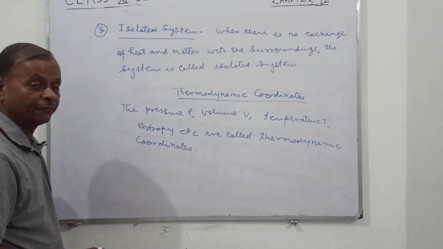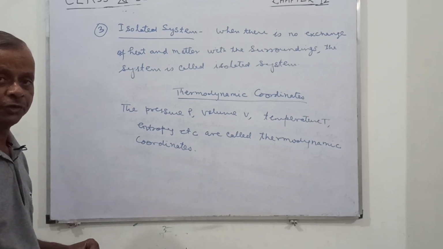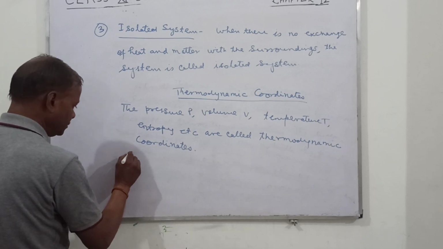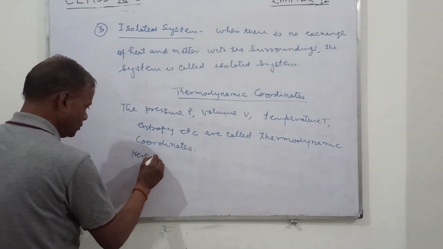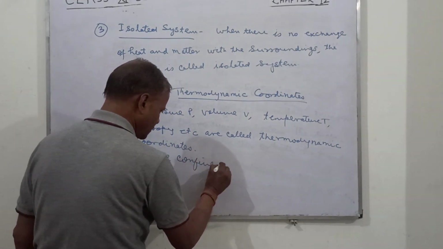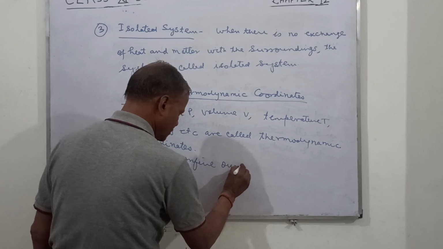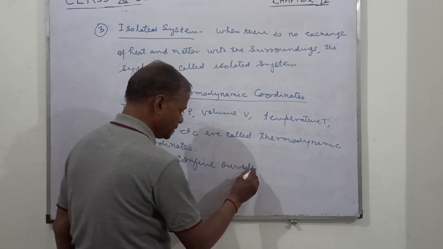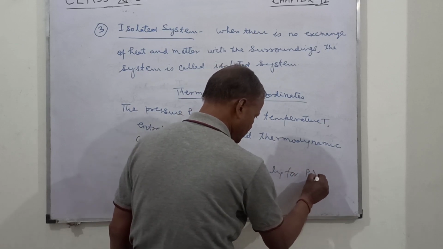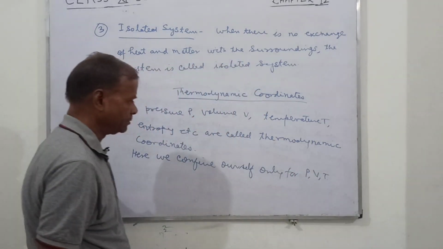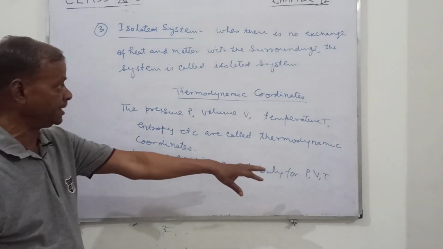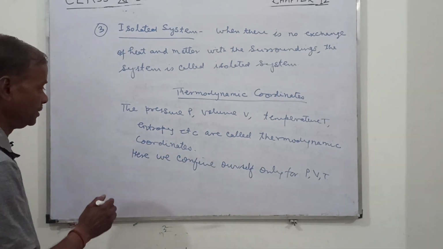But here we will confine ourselves only to pressure, volume and temperature. So this pressure, volume and temperature, these are called the thermodynamic coordinates.